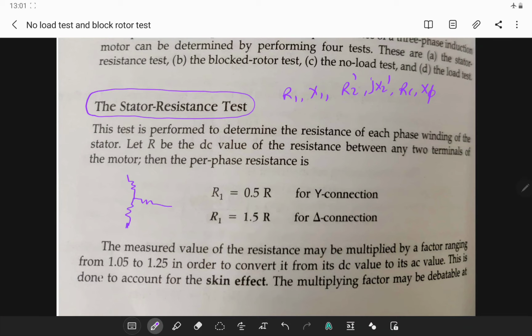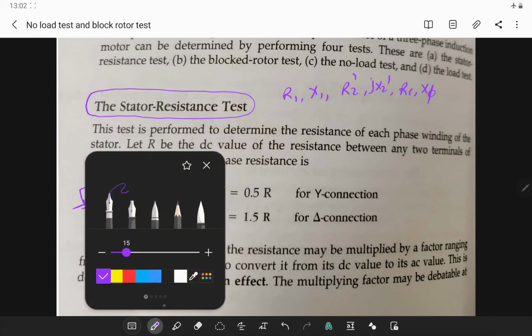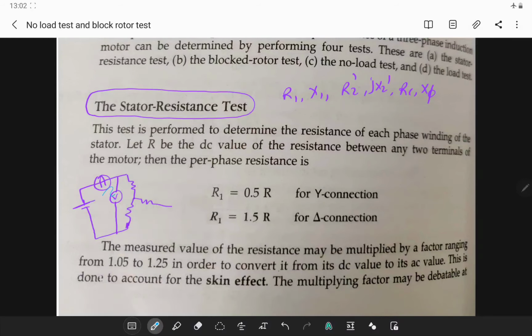In this test, I will simply use one multimeter to know the resistance, or I will use one DC ammeter here and DC voltmeter here. If I connect the circuit like this, the current will flow like this.